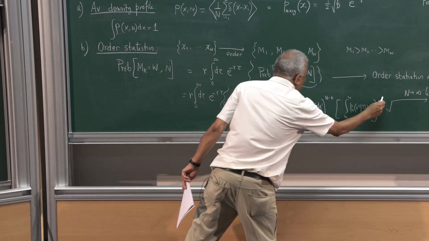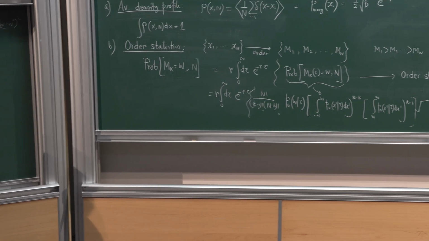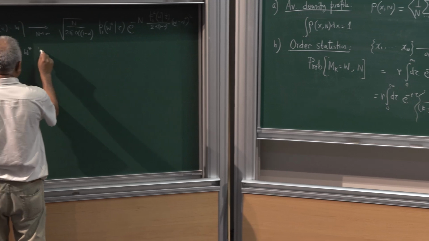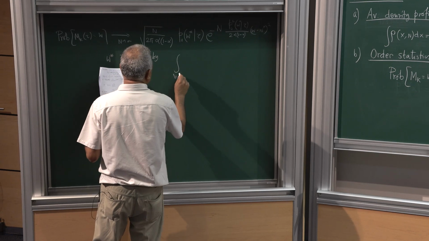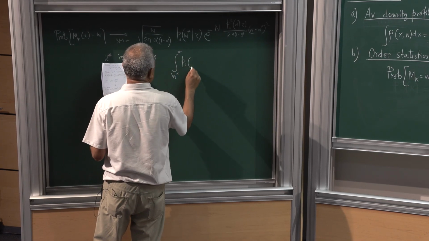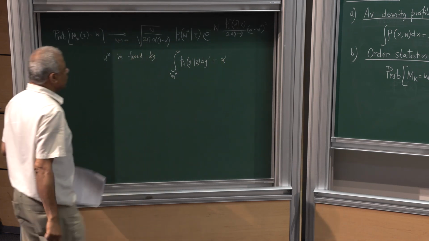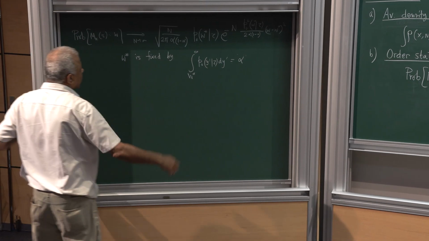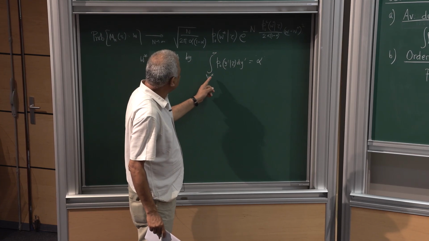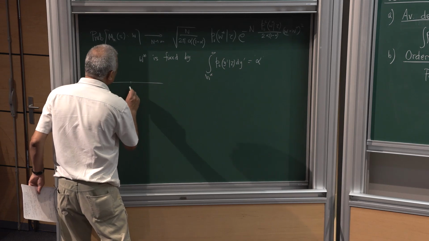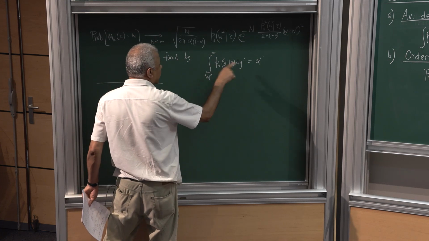You do it for large n, and what you see is that in the large n limit, W star is such that... and this is just for IID variables, essentially. So you have this bunch of particles, and you first find out the W star such that the fraction of particles to its right is alpha. So it's like an alpha quantile of this.